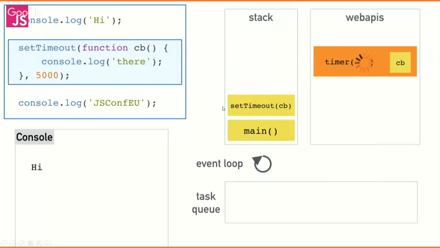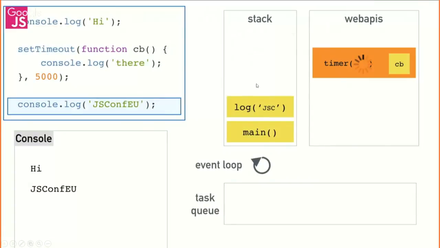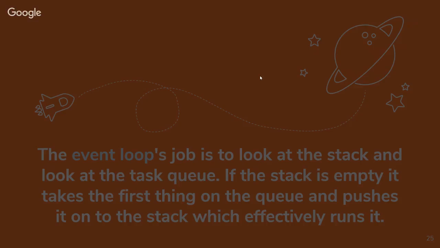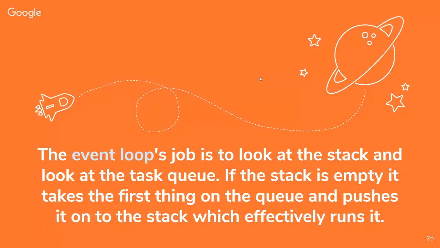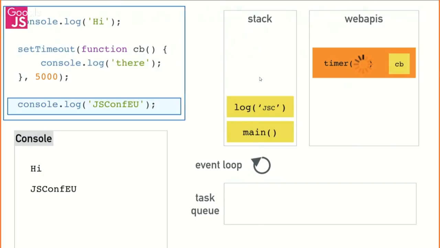After the timer finishes, now here we have the log, JSConf EU, and after the timer finishes, the callback function is put in the task queue. We'll see that a bit in a second. It's not put on the call stack.